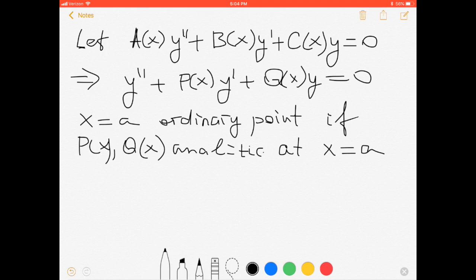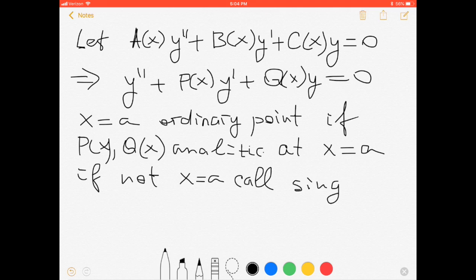Otherwise, if not, x equals a we call a singular point.